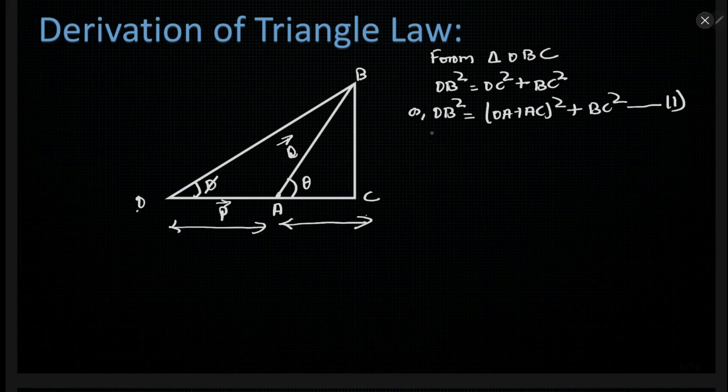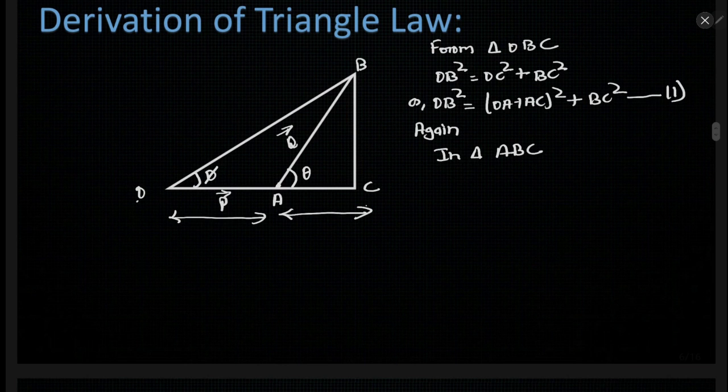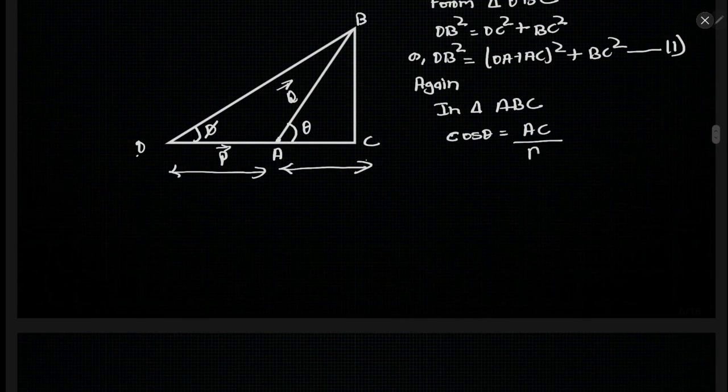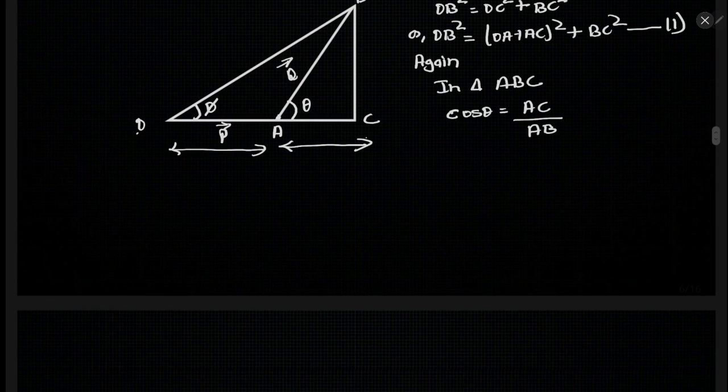Now again, in triangle ABC, cos theta is equal to AC by AB, using simple trigonometry.